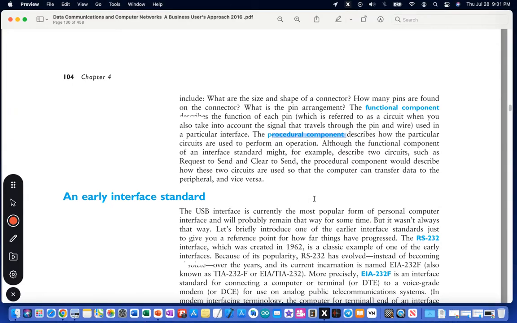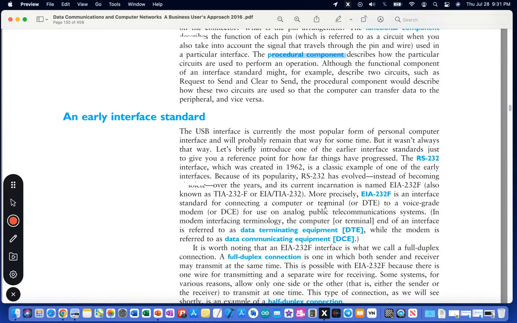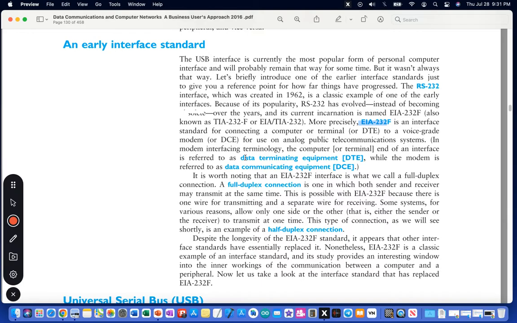Early interface standards, before USB, which is the most popular: RS-232 and EIA-232F. Data terminal equipment, DTE, and data communication equipment, DCE, and a full duplex connection. It's like two-way communication at the same time. Half duplex is two-way communication, but not at the same time. Simplex is just one-way communication.